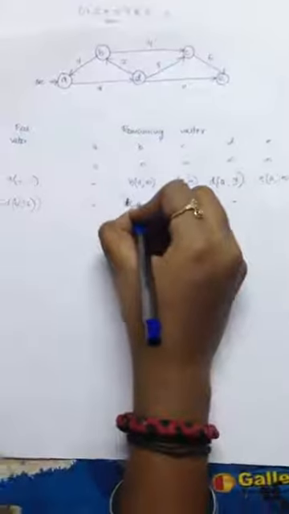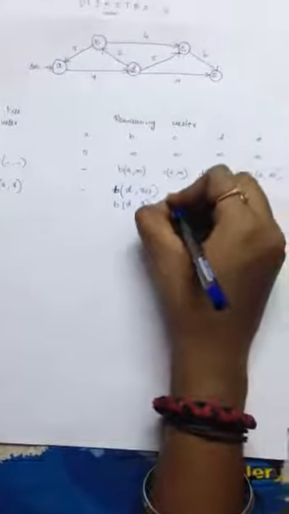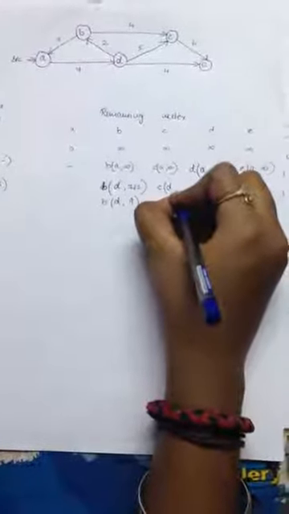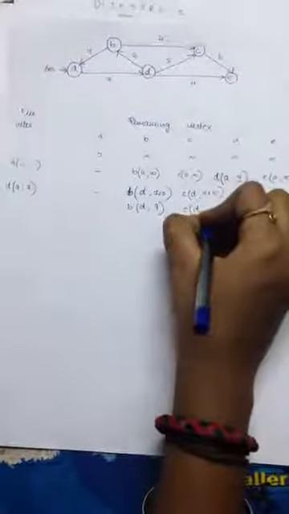So B through D can be accessed at a rate of 7 plus 2. 7 is from A to D, from D to B is 2. So B, D comma 9. The same way for C. C can be accessed through D at a rate of A to D, which is 7, plus D to C, which is 5, which will be 12.